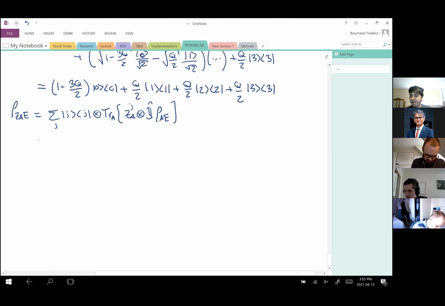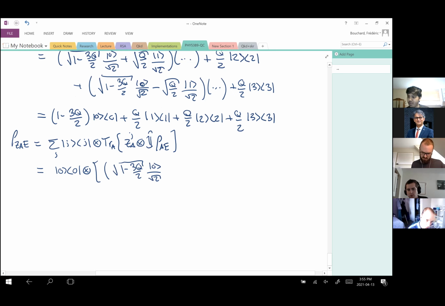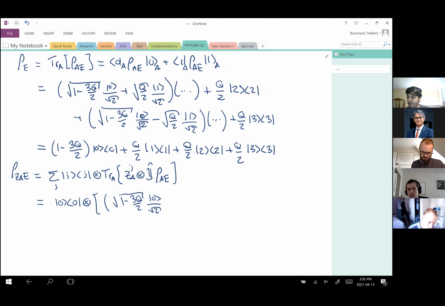Okay, so ZA, there's two states. The first one will be with 0. If we calculate that, what we're doing here is projecting the 0 state, which is the first ZA, onto rho AE, which is here.